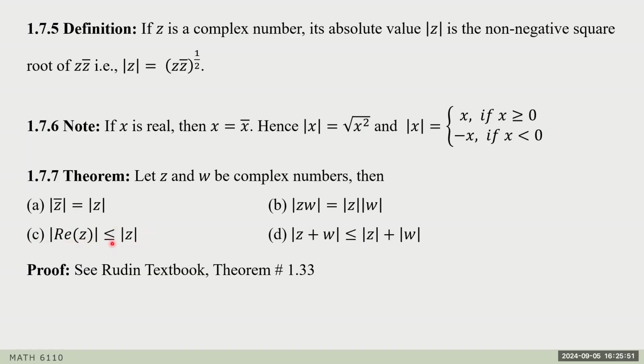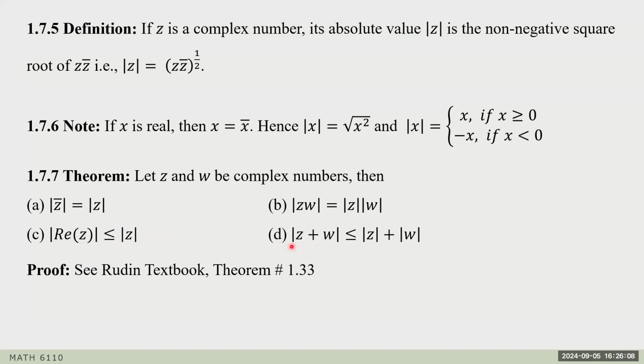So the real part is always smaller than the entire complex number. And you might be thinking, could you replace the real part by the imaginary part and still have this inequality? The answer is yes.